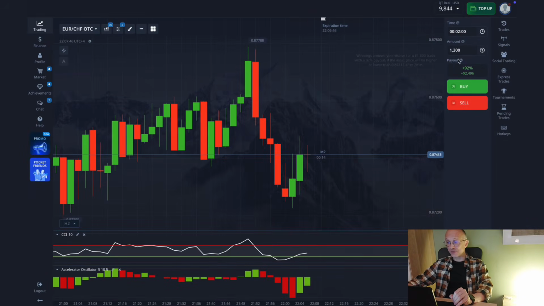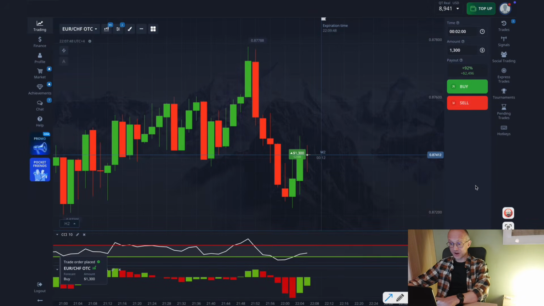The next opportunity appears soon. The expiration time is 3 minutes and I'm opening a long trade for $1,300. The chart is holding steady at the support level and the attempt at a downward momentum has failed. Sellers were unable to develop a downward movement.